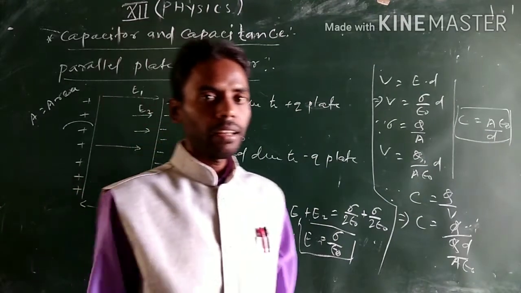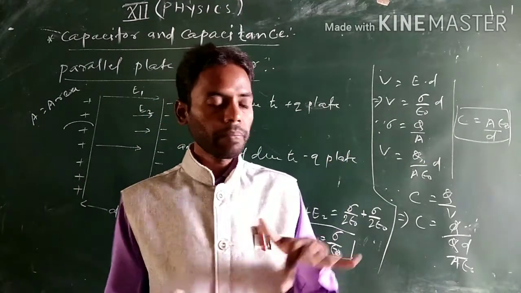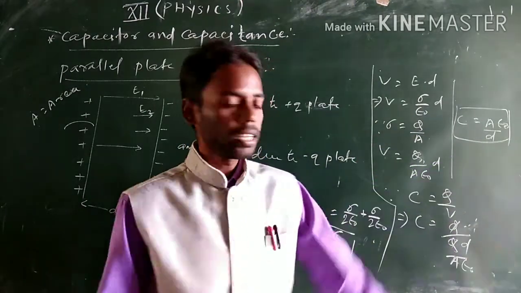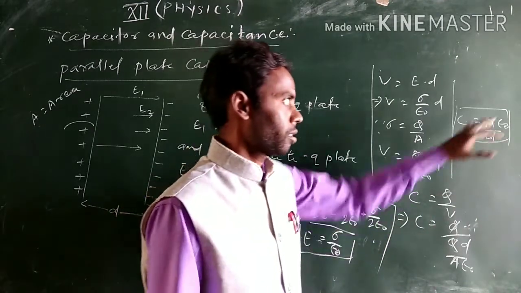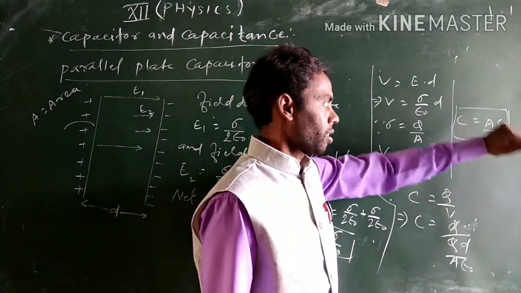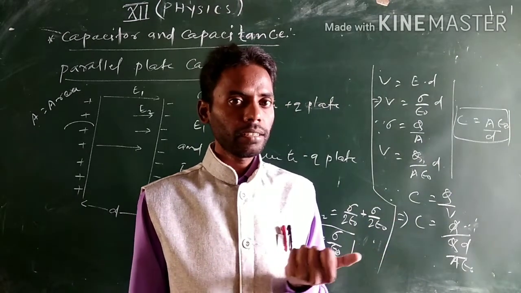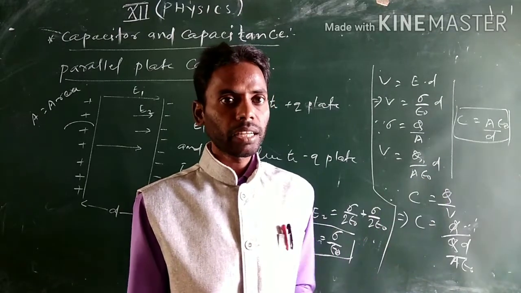This gives the relationship between capacitance, area, epsilon, that is the permittivity of the medium, and d, the distance. That means capacitance depends on the area, the nature of the medium, and how much distance there is.